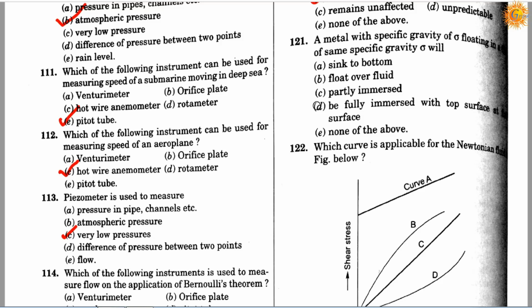So the correct answer is D. A metal with a specific gravity of sigma floating in, it's maybe water or maybe fluid, because it's not visible here, in a fluid of the same specific gravity sigma will be fully immersed with the top surface at the fluid surface.